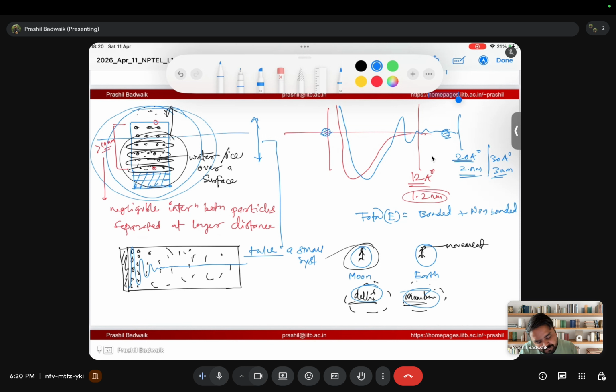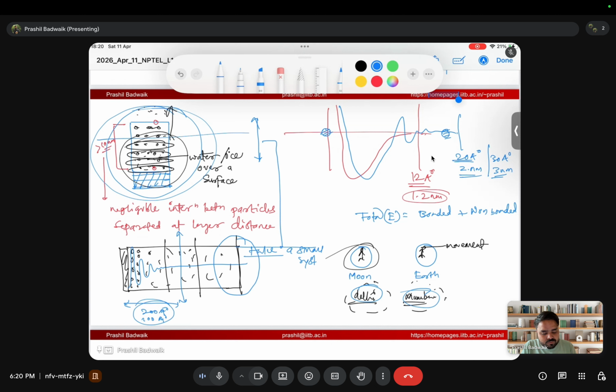So even if you take this long a system or not, to define the system's dimension, for example, the length of the box is 200 angstrom or 100 angstrom, that doesn't matter. Beyond this there is no interaction energy. Then what comes is this region, which is entirely the same, correct?